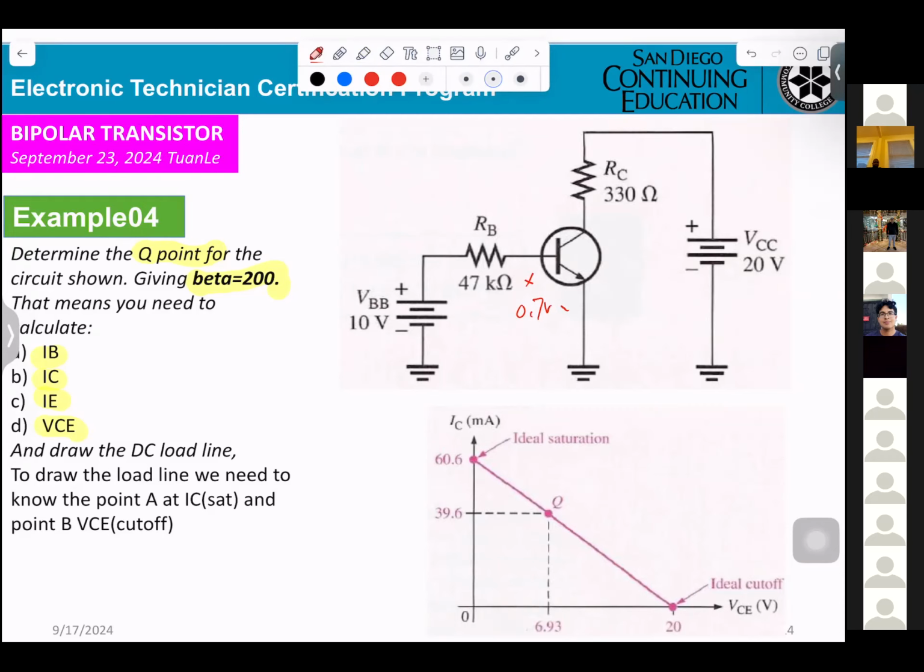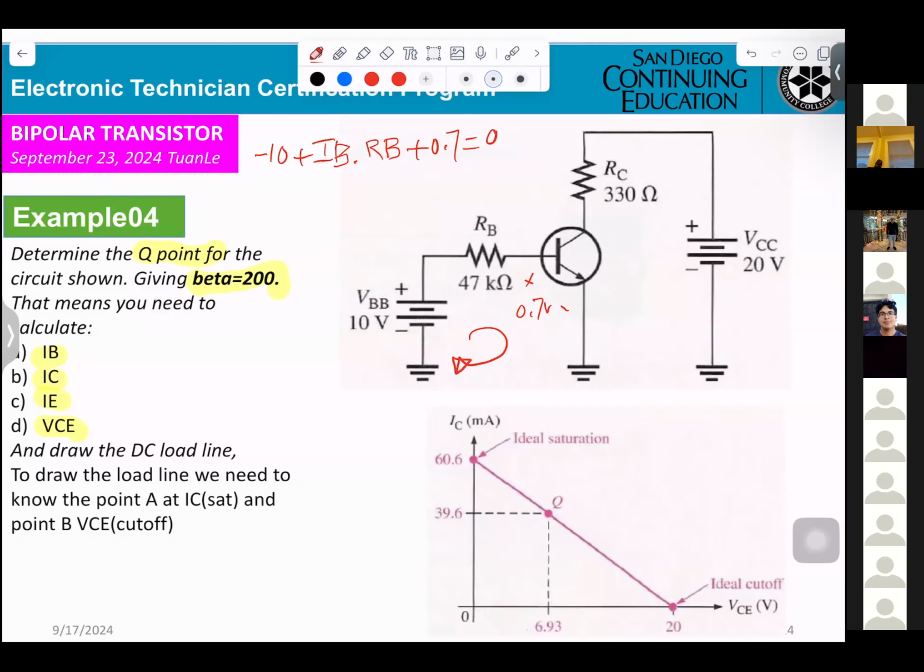So now you see you draw the current loop. You can get minus 10 plus IB times RB plus 0.7 equals 0.